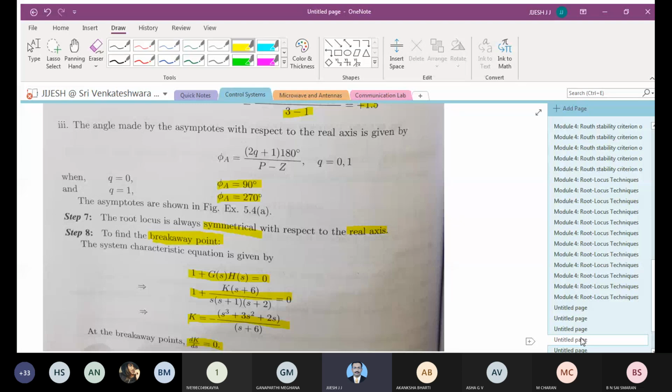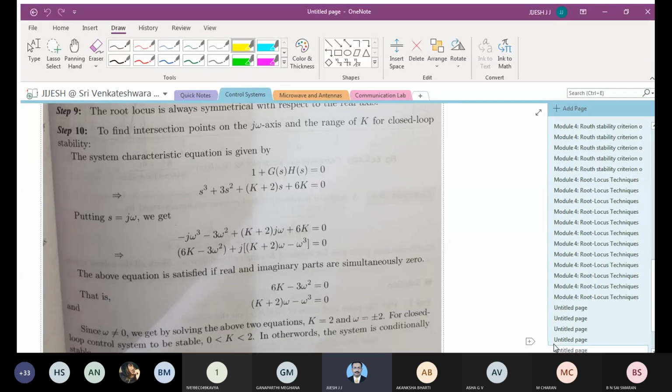So when you take dk by ds is equal to 0, what you will get, we'll see. So all of you have completed till here? Yes, sir. Okay, let us take dk by ds is equal to 0.